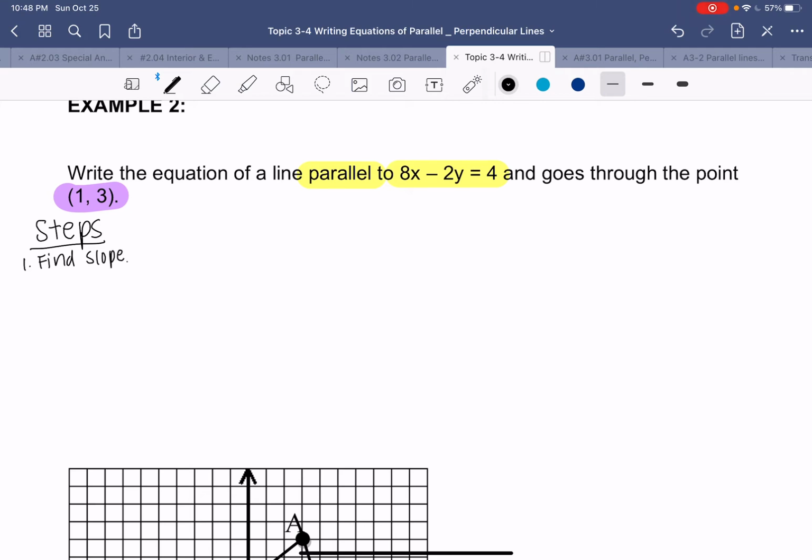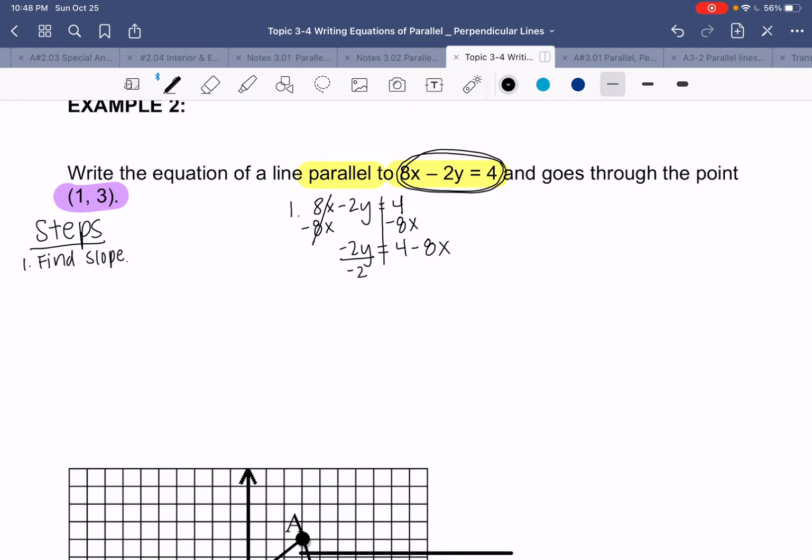Our slope is hidden in this equation right here. So we have to solve for y here. So 8x minus 2y equals 4. We need to solve for y. So we're going to subtract 8x. Left with negative 2y equals 4 minus 8x.